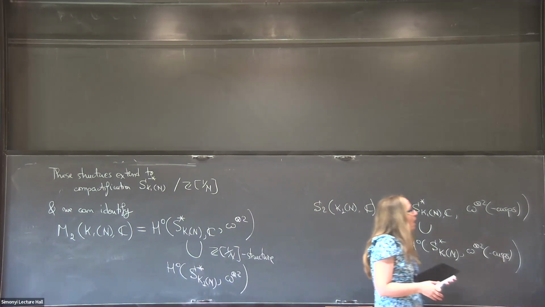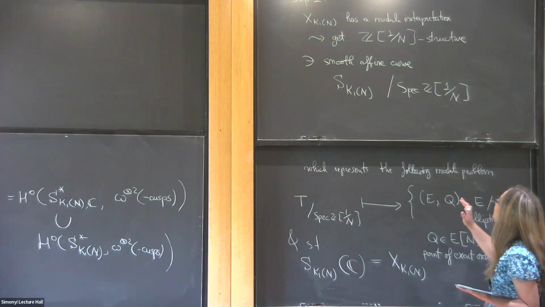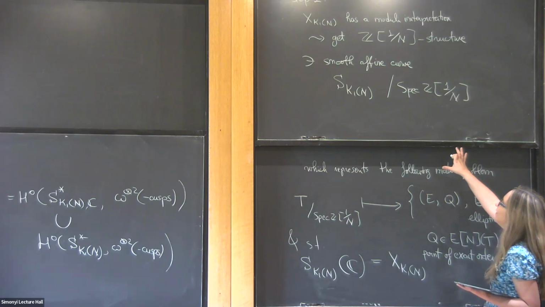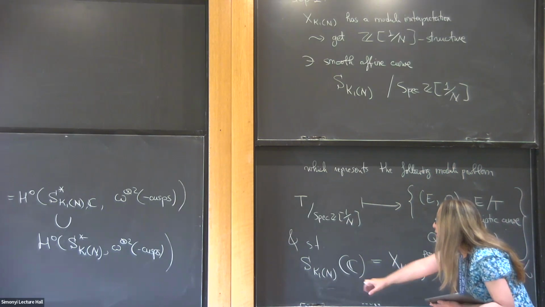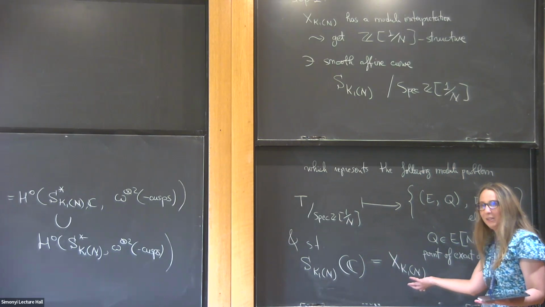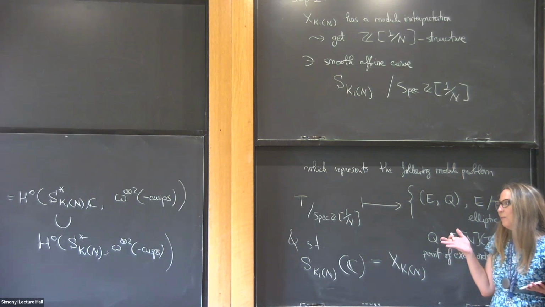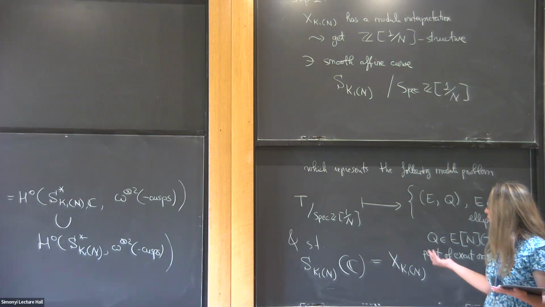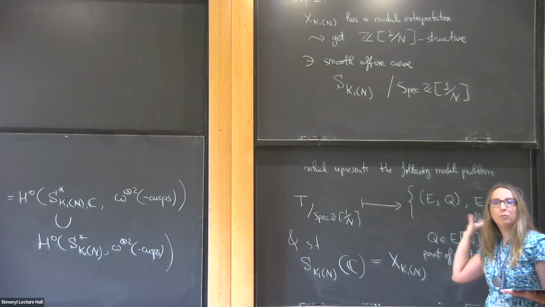Sure. While people think if they have other questions, I want to mention that I'm not going to prove that this X_K1(N) is recovered by having this moduli problem and then looking at what it gives you over the complex numbers. But at least at the level of points, there's an exercise in the sheet of problems that Alice has come up with that allows you to see what structures different moduli problems correspond to.